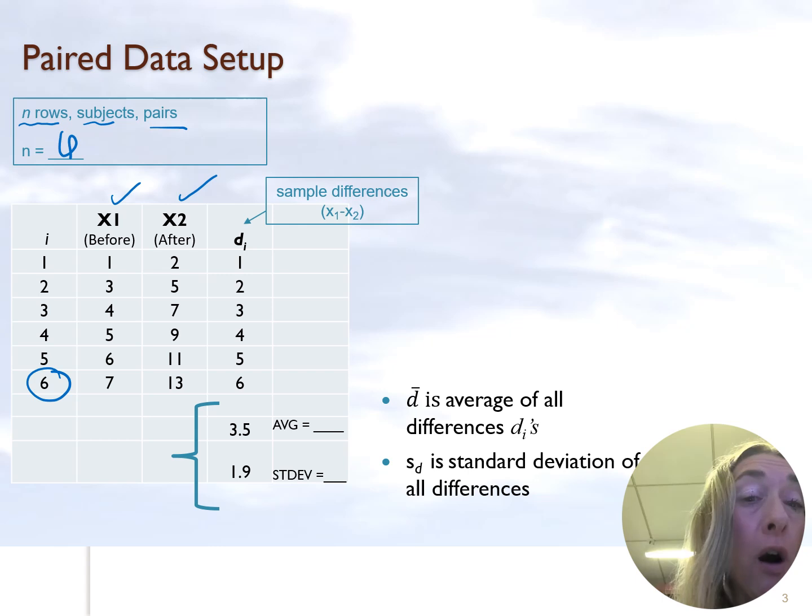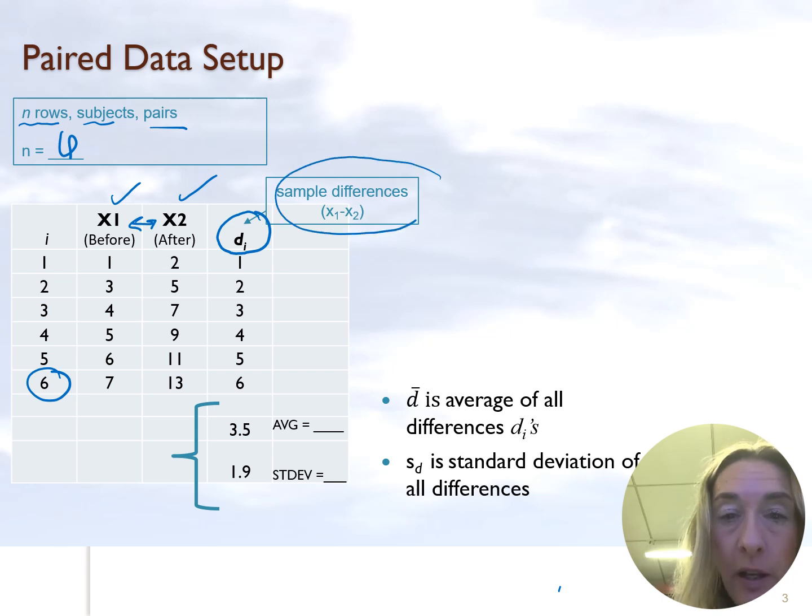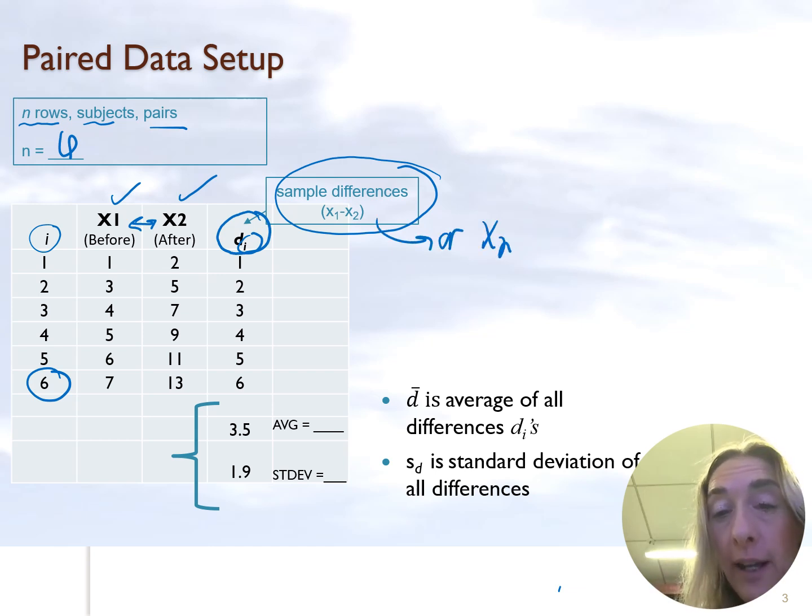And if you recall from an earlier video, the quantity that we're actually going to be analyzing with a paired data analysis is the difference between the two measurements. We call these differences between the X1 and the X2 d sub i, where i is simply the subscript on the row number. The difference is calculated either by taking X1 minus X2 or X2 minus X1. It doesn't matter in which order you take the difference.